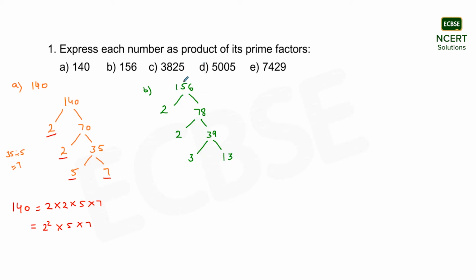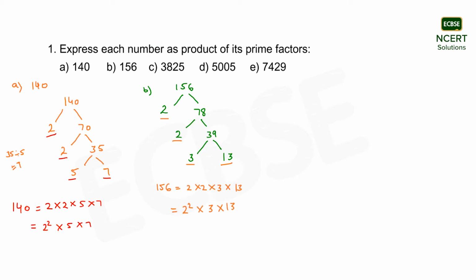So the prime factors involved in the number 156 are 2, 2, 3, 13. I can represent the number 156 as the product of its prime factors as 2 into 2 into 3 into 13, which is equal to 2 raised to power 2 into 3 into 13.